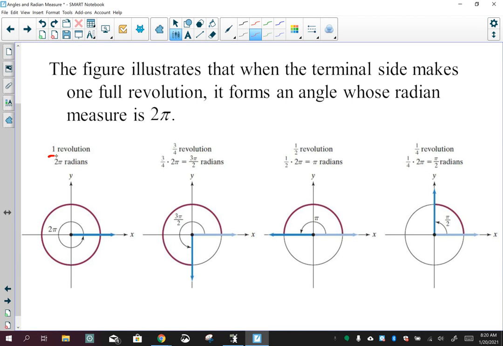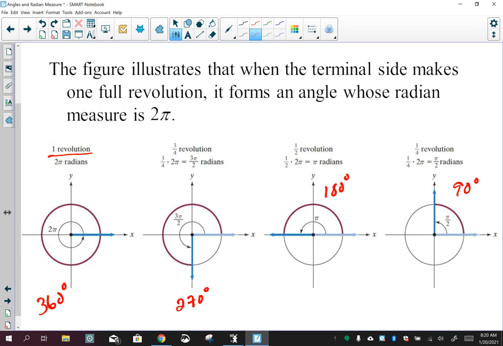One full revolution is 360 degrees, or 2 pi. 3/4 of a revolution is 270 degrees, or 3 pi over 2 radians. Half a revolution is 1/2 times 2 pi, which is 180 degrees. And 1/4 is going to be 90 degrees.